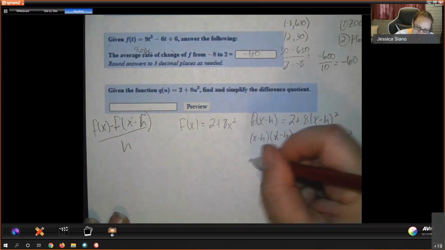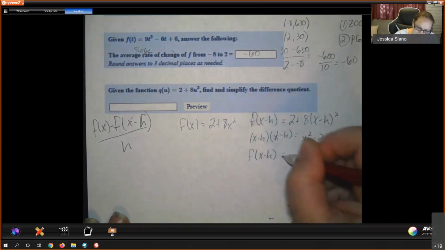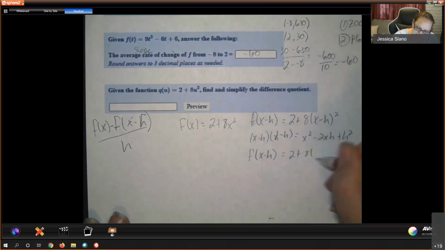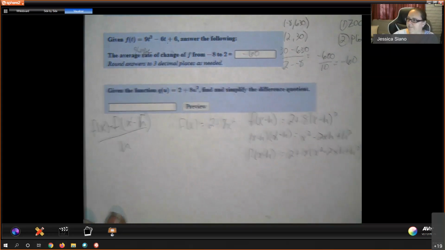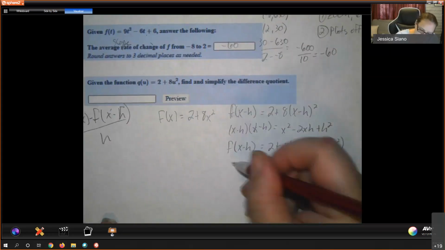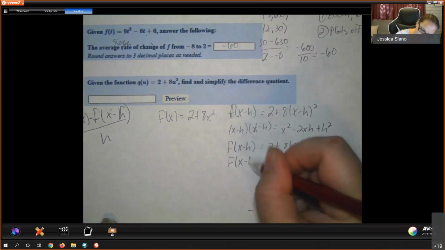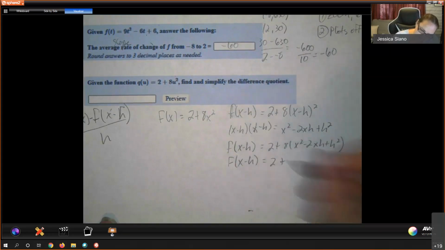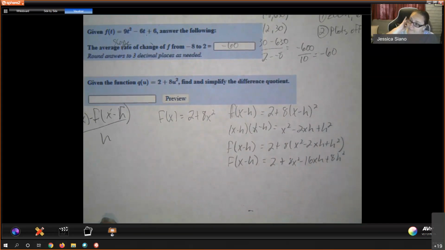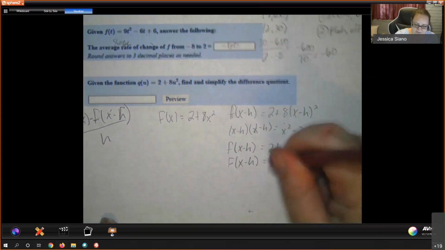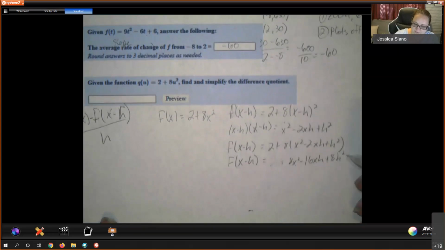So now what I have is 2 plus 8 times x squared minus 2xh plus h squared, which is 2 plus 8x squared minus 16xh plus 8h squared. That's going to bother me. I'm going to put the plus 2 on the back because that's where it belongs.